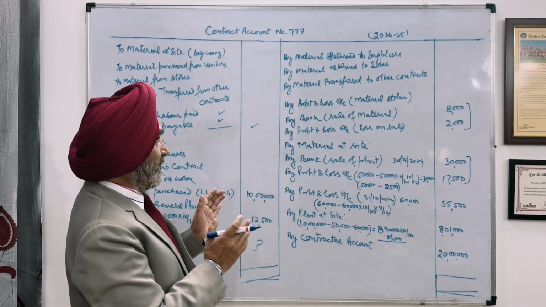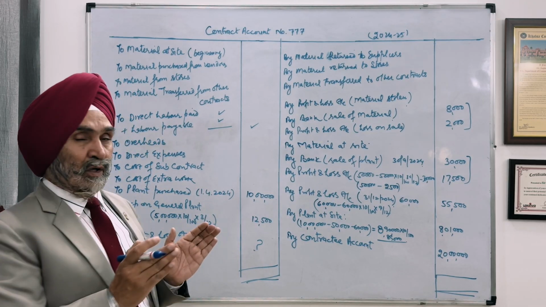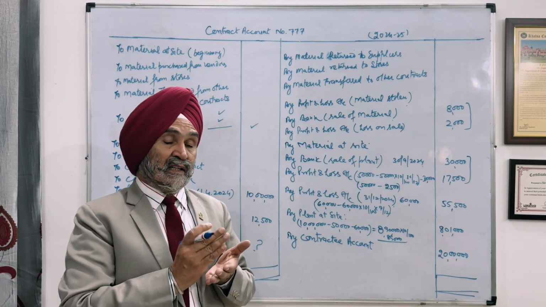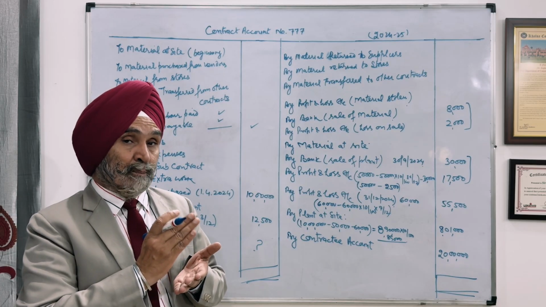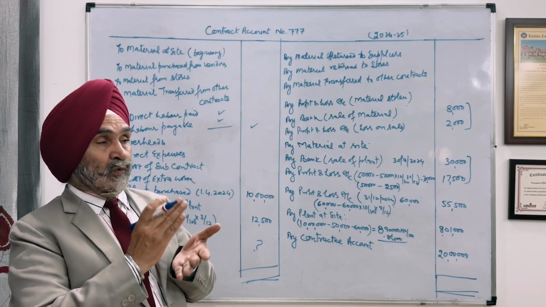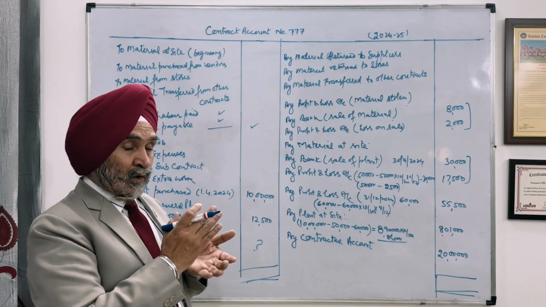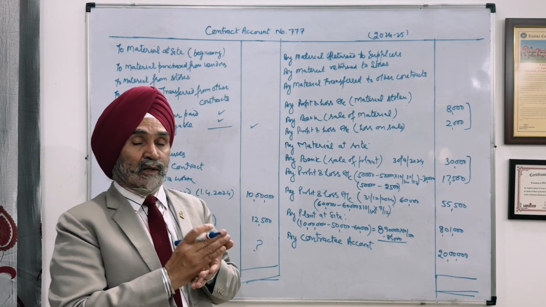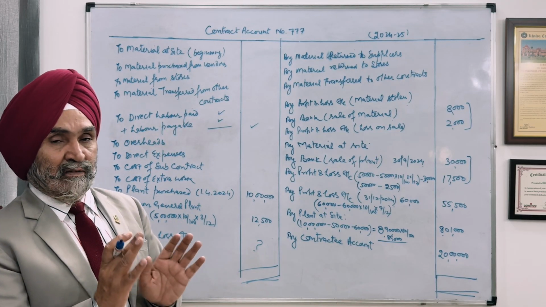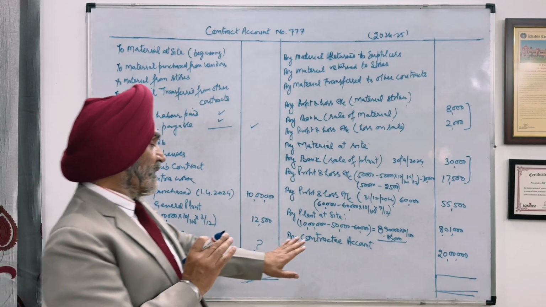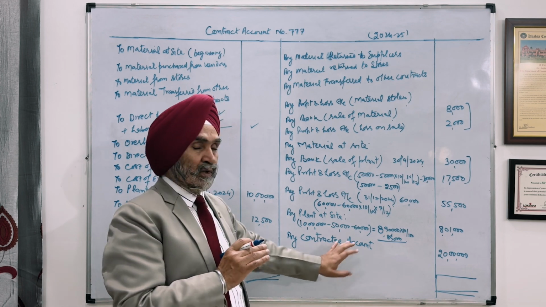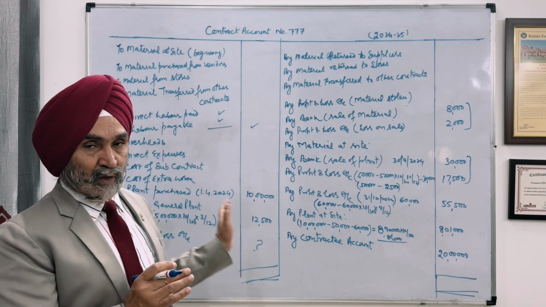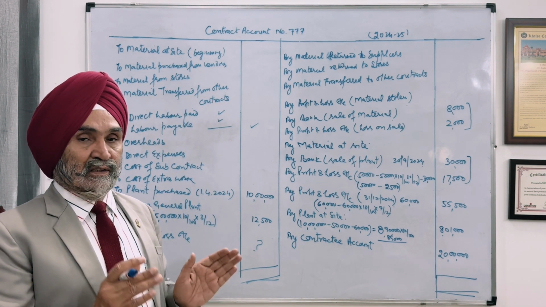So this is how the profit or loss is calculated in case of a complete contract. If the contract is completed on 31st March or prior to that, on any date when it is completed, then the contract will be debited and profit or loss will be calculated. Thank you very much.